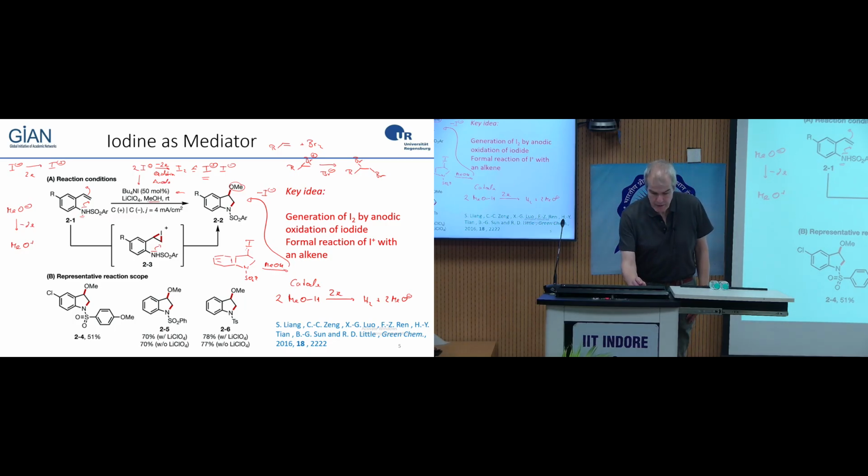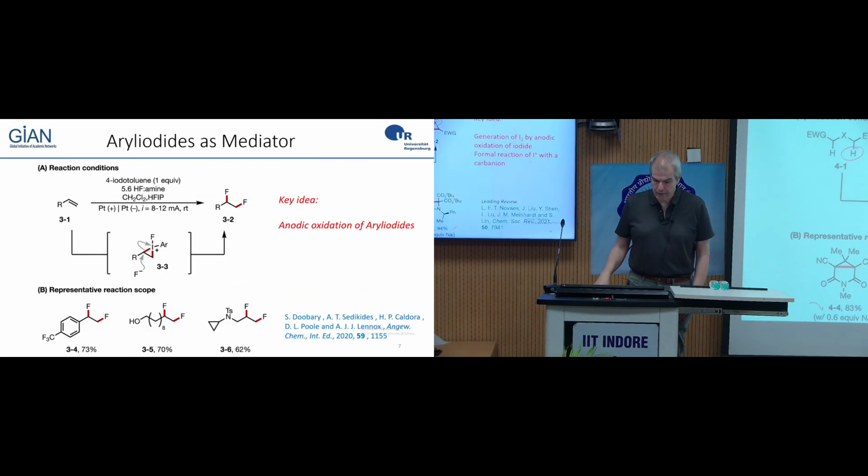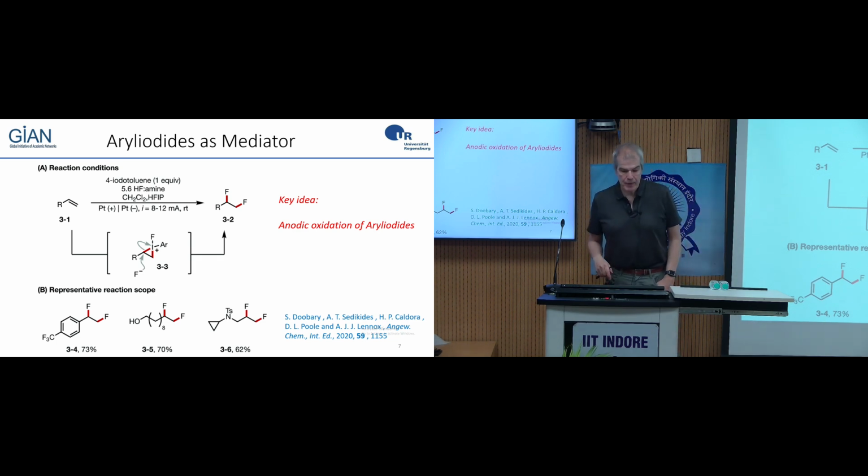So here, in this example, we have also added 2 nucleophiles to the double bond, and we have taken the 2 electrons mediated by the iodine away so that 2 nucleophiles would go to the double bond. And this is something they do here as well. They don't add fluorine, they add twice fluorides, and then the electrochemistry takes care of the 2 electrons which you need to get rid of, right?